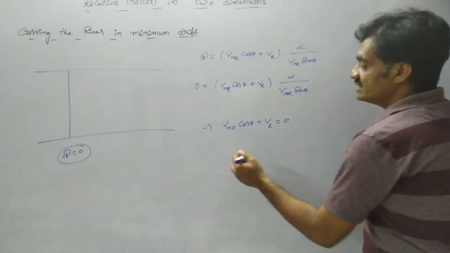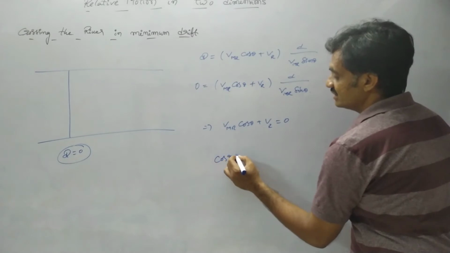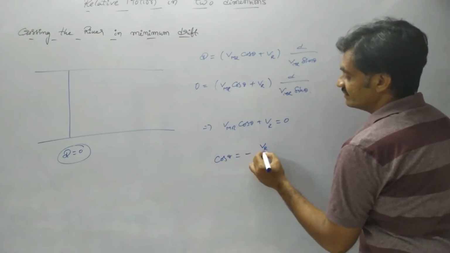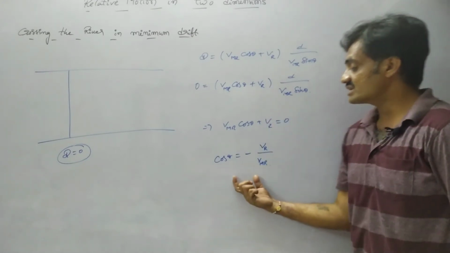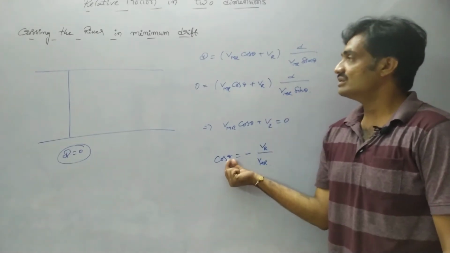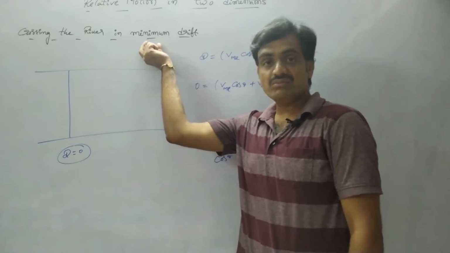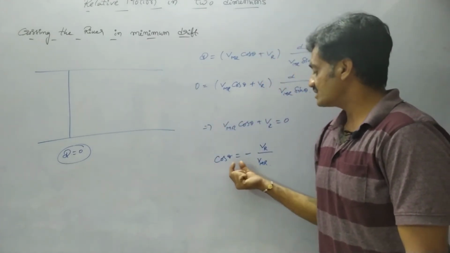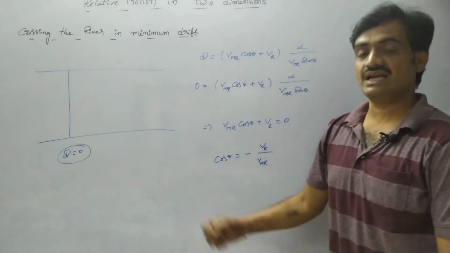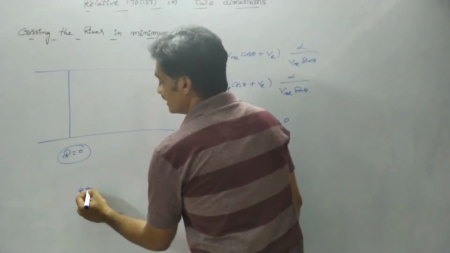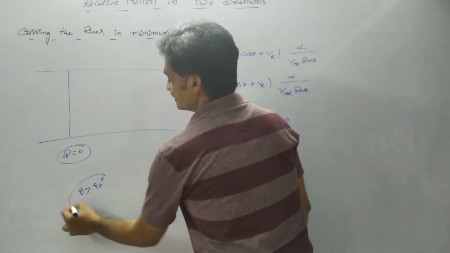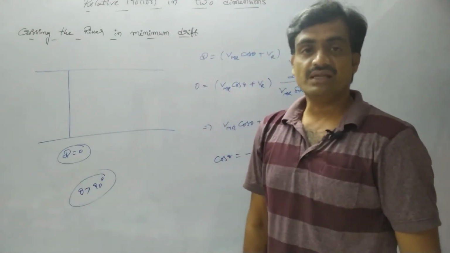So from this we get cos theta is equal to minus v_r by v_mr. Based on that, in order to cross the river with minimum drift, the person has to travel at an obtuse angle, which means the angle should be greater than 90 degrees.